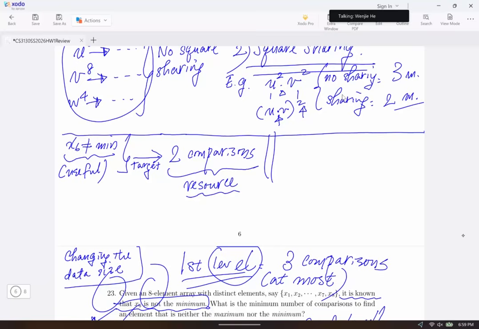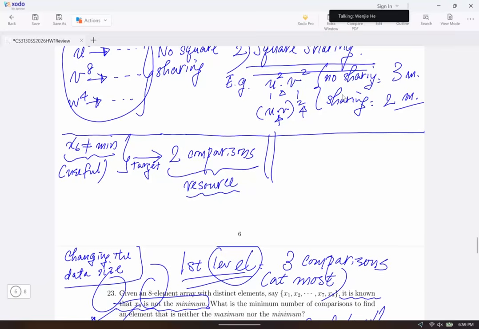When we use each comparison, we should explore the maximum amount of information from that comparison. That's our intuition to drive our thinking.